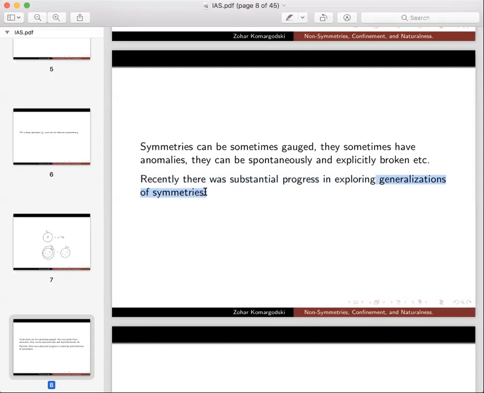You might not think that any generalizations exist, but actually there are very important and interesting generalizations. I'll talk mostly about one such generalization, but I'll mention some others, and they will be somewhat important for some things I say.